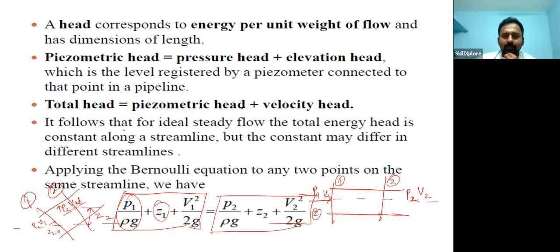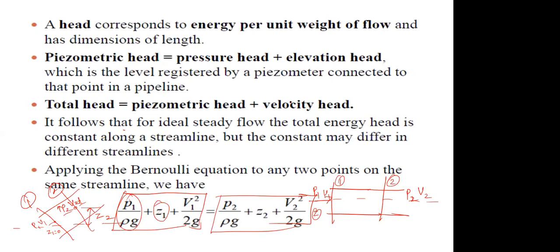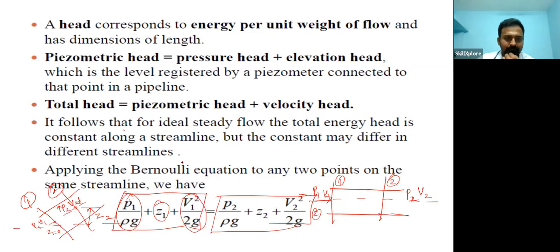So the total head is piezometric head plus velocity head. This is the velocity head. So the total head is pressure head, datum head, and velocity head. So simply we call this particular part pressure energy. This is the potential head.